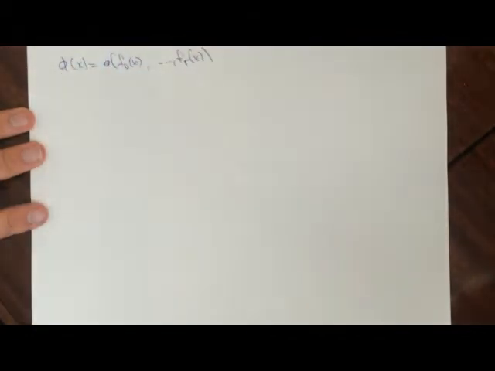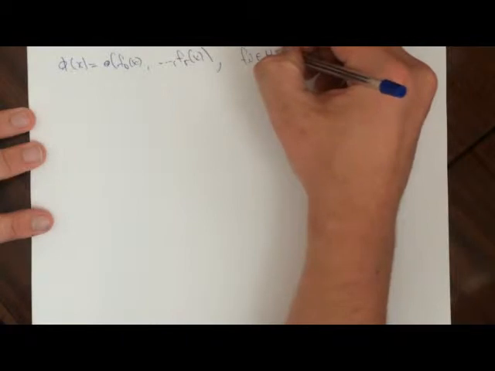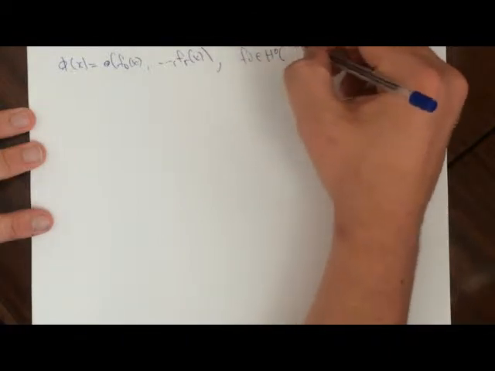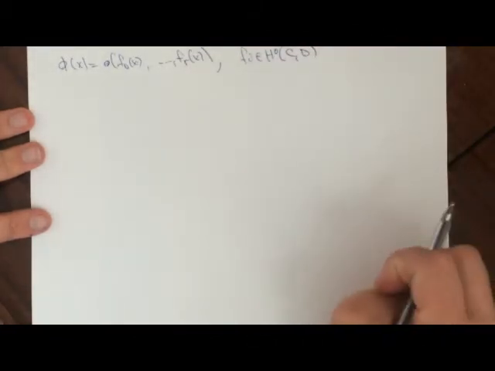So we have this map here. These are global sections of O(D), so they're really functions with poles at worst D along this divisor.